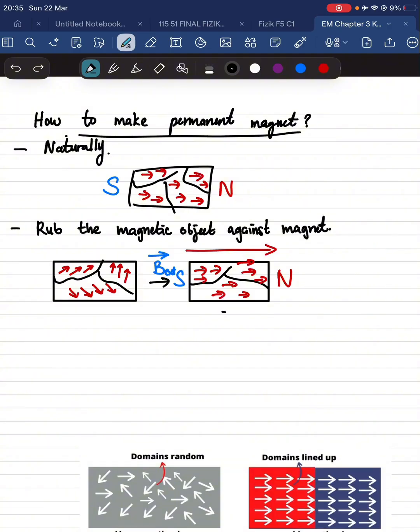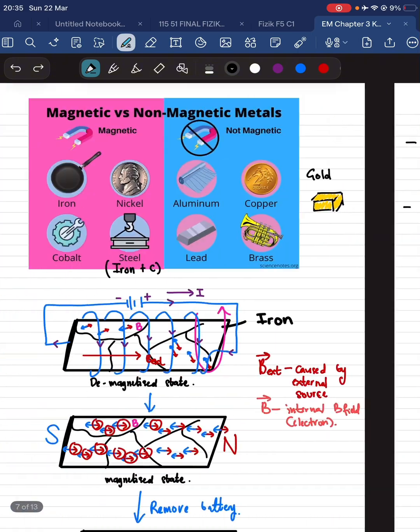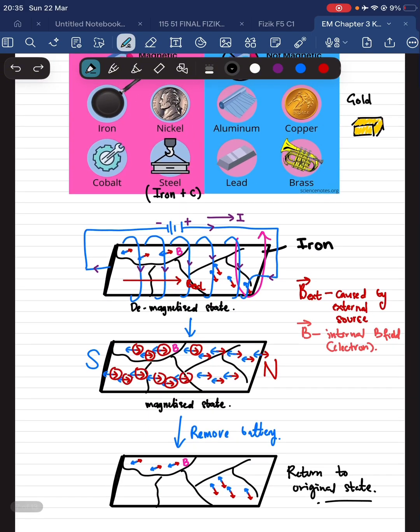The second one is to rub a magnetic object. Let's say you have a magnet and you rub it against a steel needle, then that needle will become a magnet. Because you apply the B external, and then the orientation of the domains will be directed in one direction.